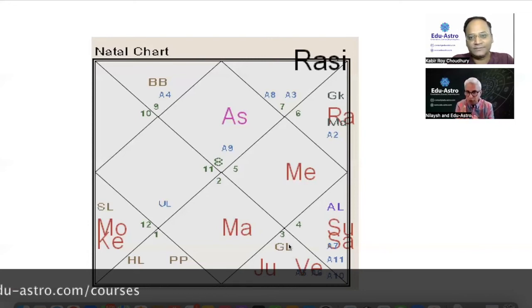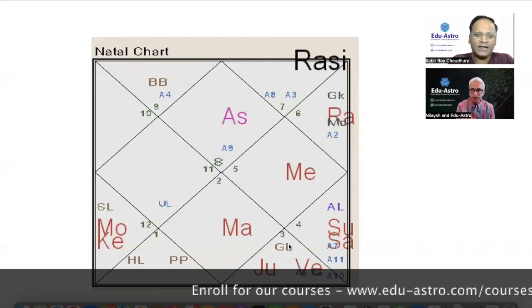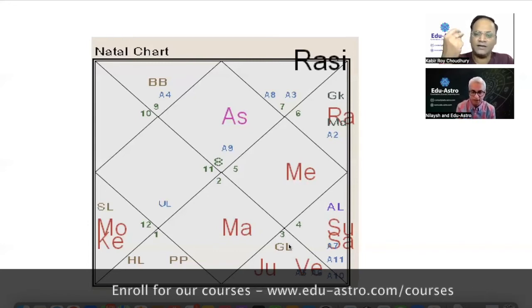But if you watch the 12th lord once again, there are a lot of expenses also going to happen, as Venus is 12th from Mars. So expenses are there. Then there are many other things which can come out just like that.